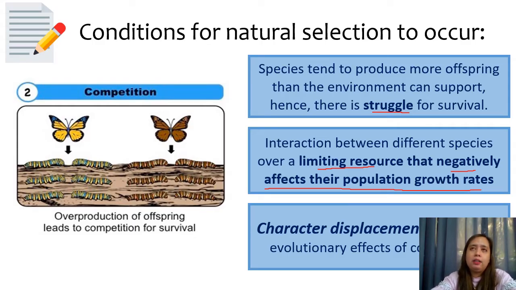When you say character displacement, because of limited resources, let's draw it: here is population A, and then we have population B. They have the same resources, the same requirements, the same food, everything the same.